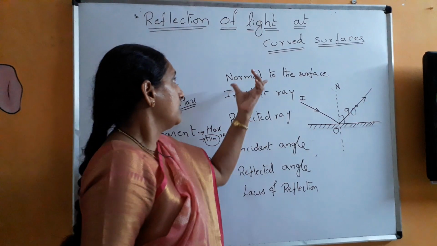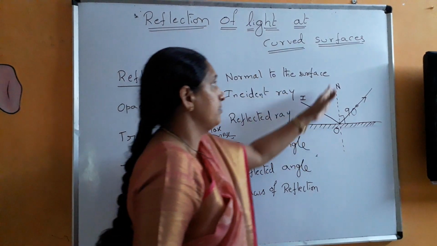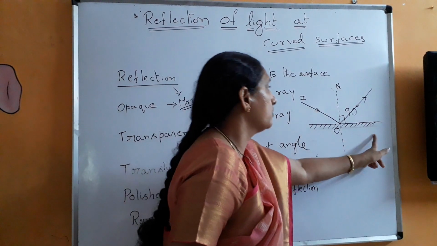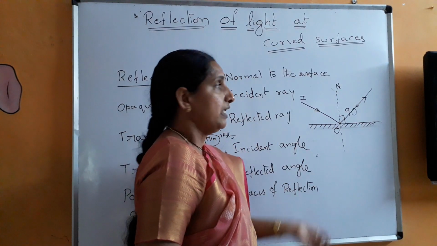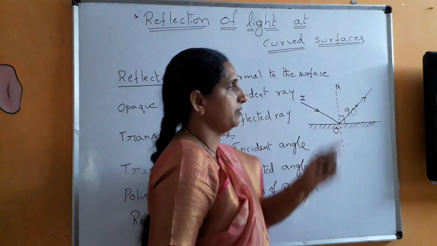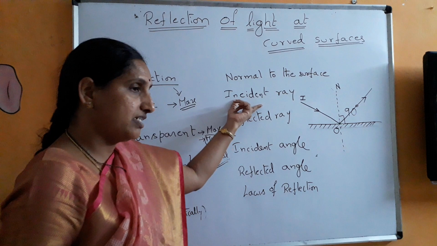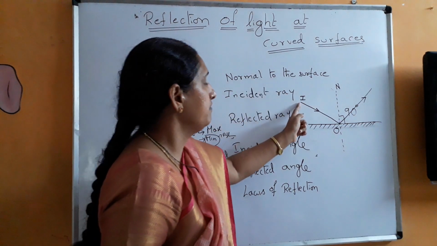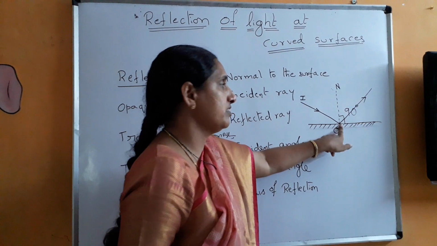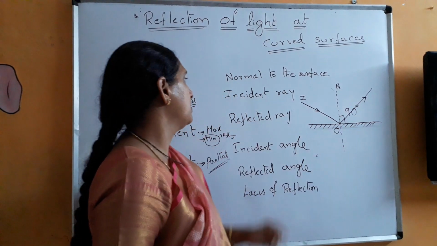So now, the normal to the surface is an imaginary line which is drawn perpendicular to the surface, at the point where you wanted to study the behavior of the light. The incident ray is the light ray which is made to hit the surface at a point.